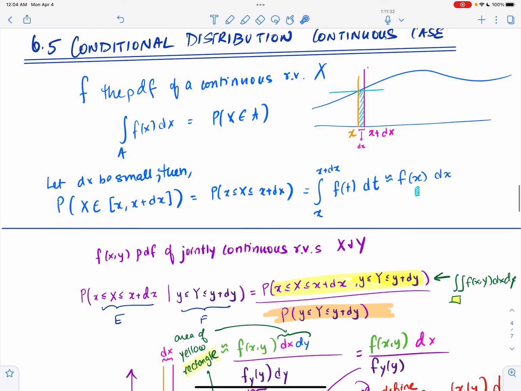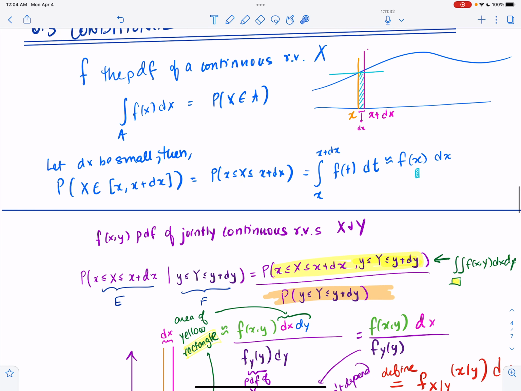So if you're looking for the probability x is in A, you could even go in that direction. Then what are you going to do? Suppose some set A is an interval, then you take lots and lots of small increments of length dx, basically partition the set A, and add up all these probabilities.